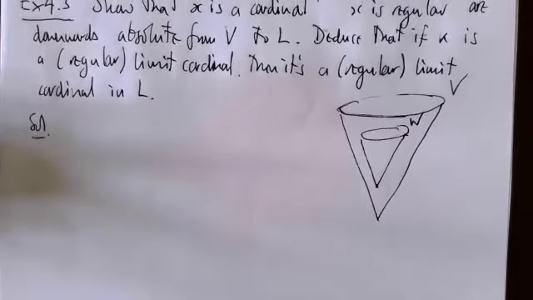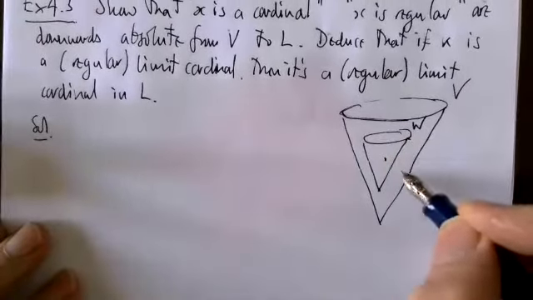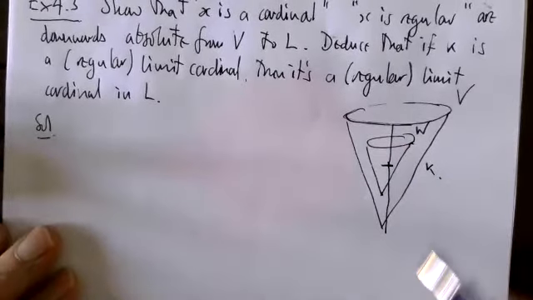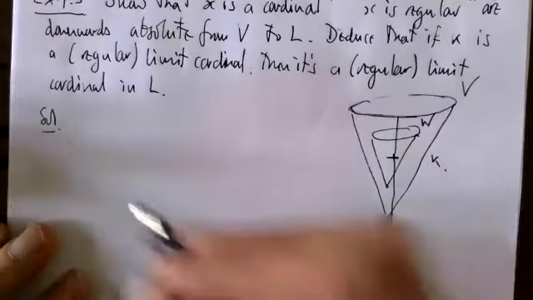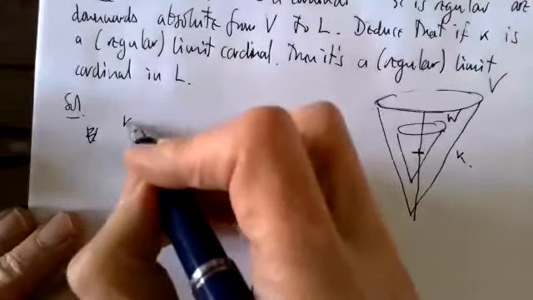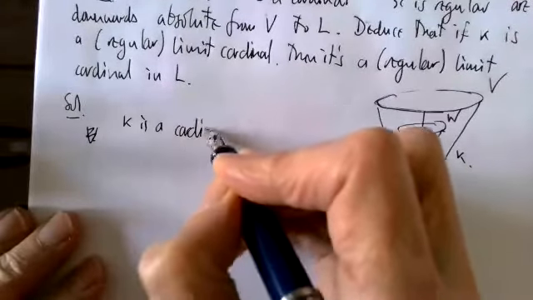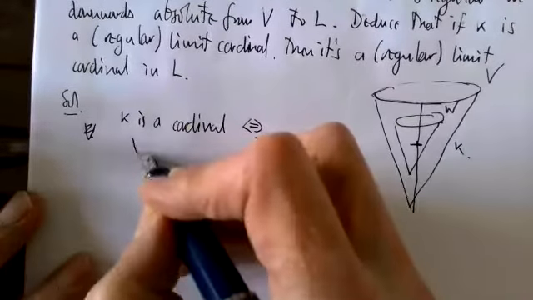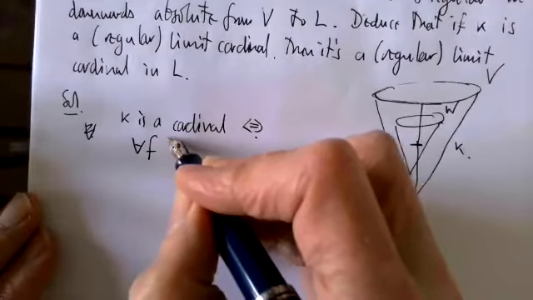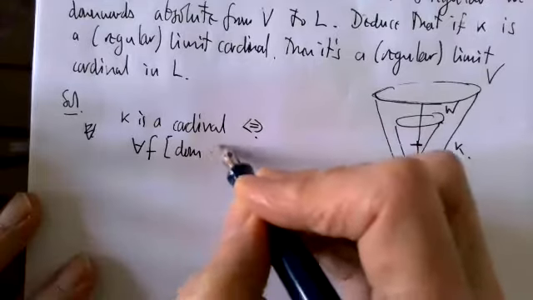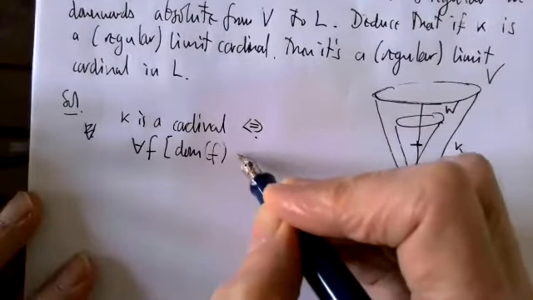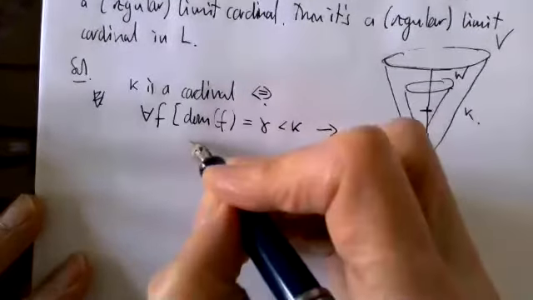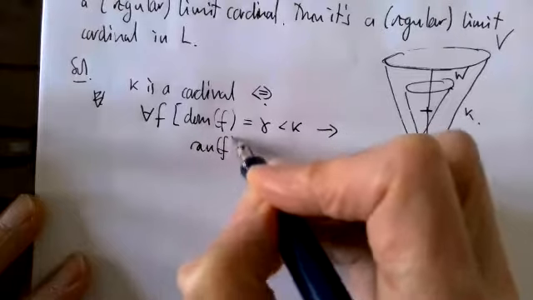W in general, is that if in V I've got some ordinal kappa, and V thinks kappa is a cardinal, so kappa is a cardinal, this is equivalent to saying, for all functions f, if domain of f is some gamma that's less than kappa, then the range of f is not kappa.